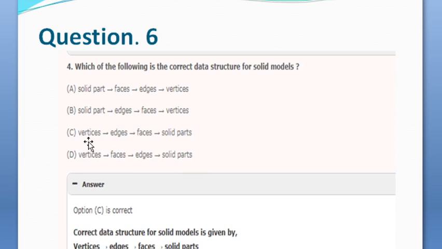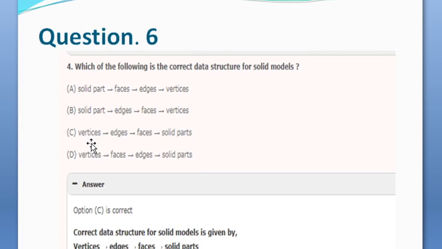Here the model is created by first points or vertices, then lines or edges, then surfaces or faces, then solid parts. Can you understand this question? How are the data structures arranged for solid models? Any object is created from points, lines, curves or surfaces. So curves become faces, then finally we get the solids.